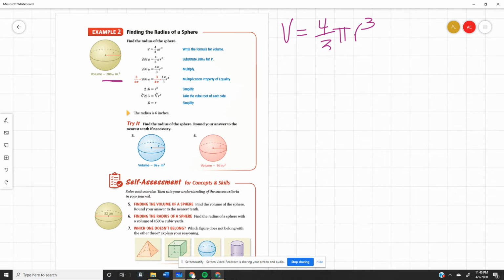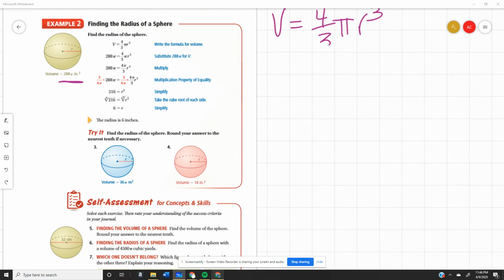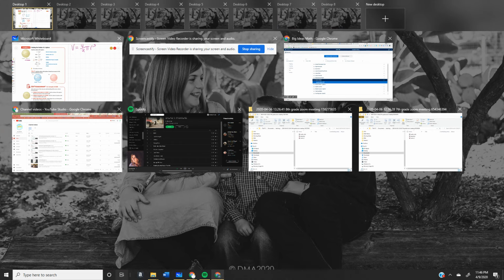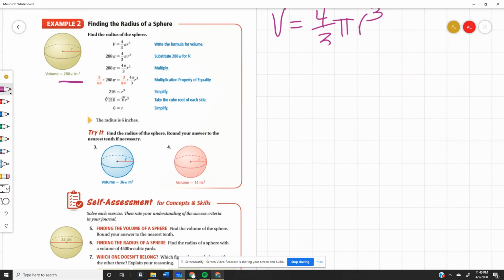Now, to me, when I see a problem that has the answer left in terms of pi, and I have pi in my problem, so we left it, whoa, I don't even know what happened there. Sorry about that. Okay. So we have 288 pi equals 4/3 pi r cubed.